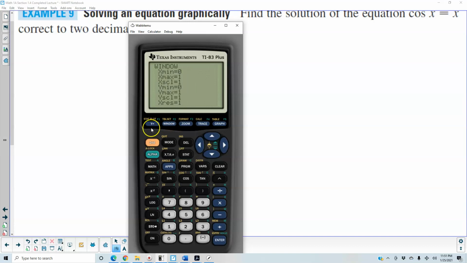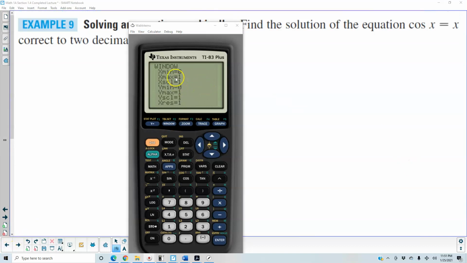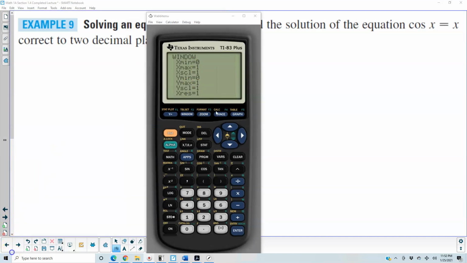We're going to change our window again. What should we change our x min, x max, y max to be? We're going to leave it at 0, 1, and then 0, 1 for the min and the max. And then let's change the x scale to 0.1. So let's go ahead and graph.